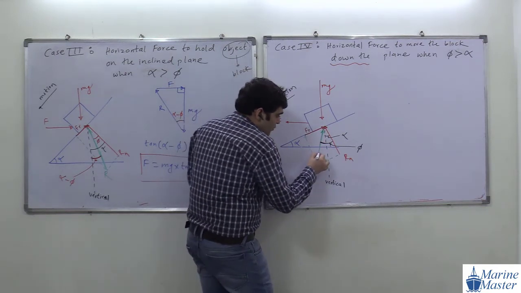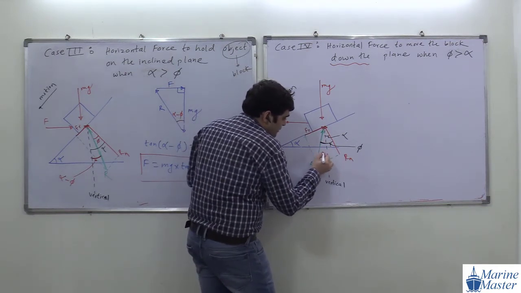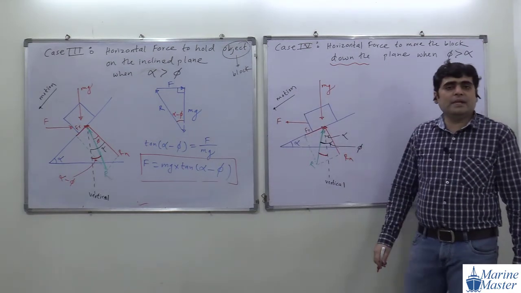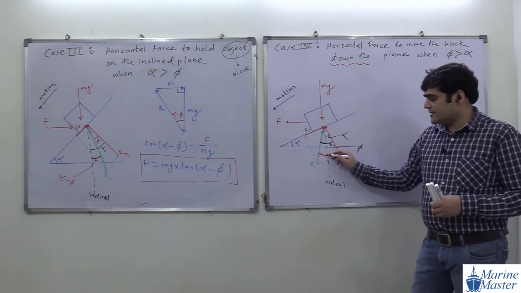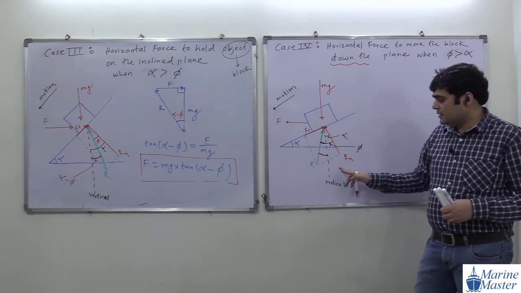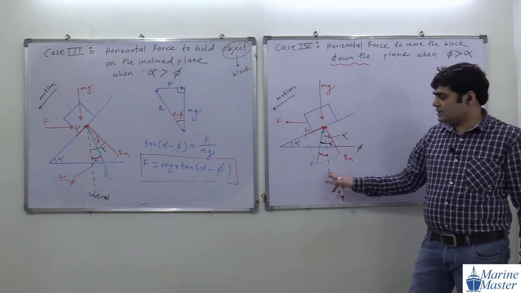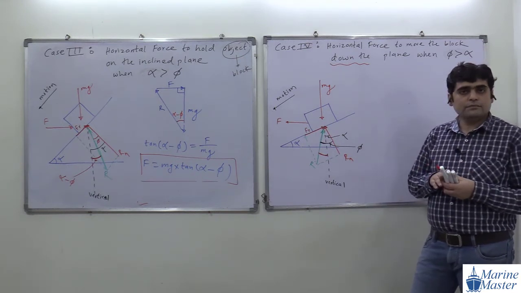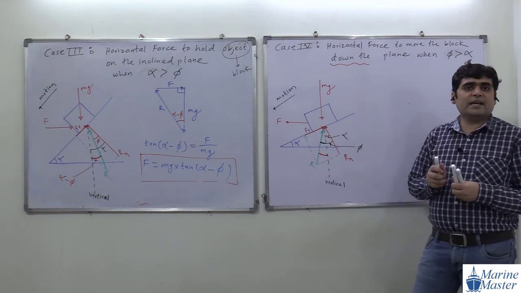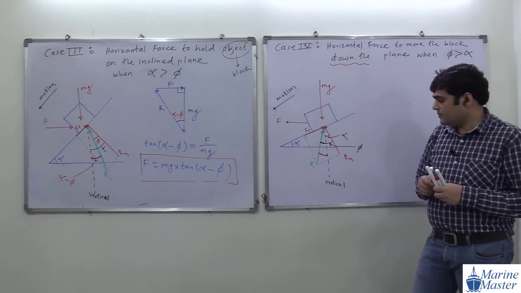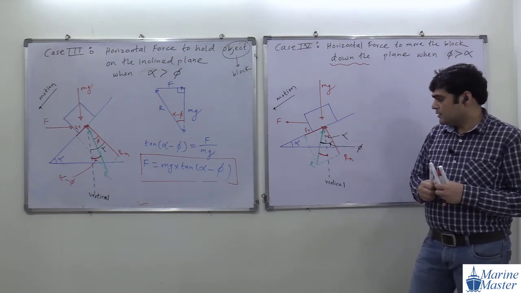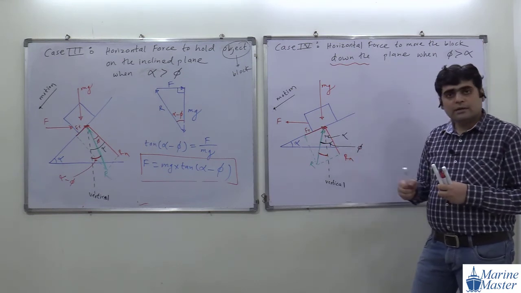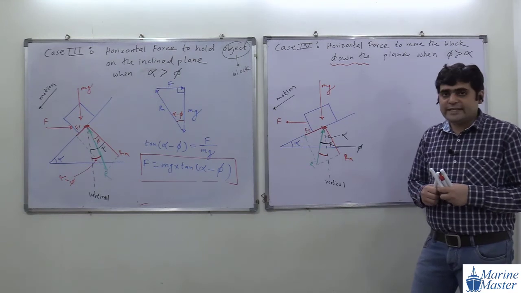Now what is the angle between R and vertical in this scenario? R means resultant reaction. What will be the angle between R and vertical, guys? No, it is not alpha minus phi.